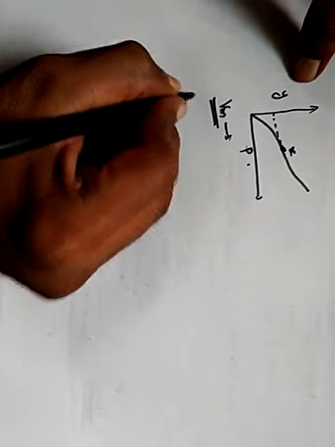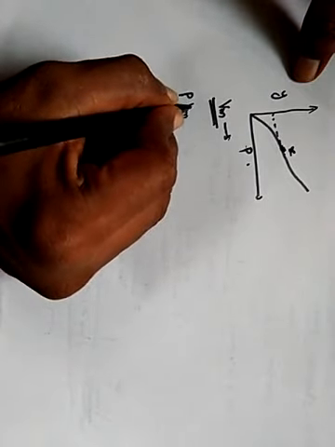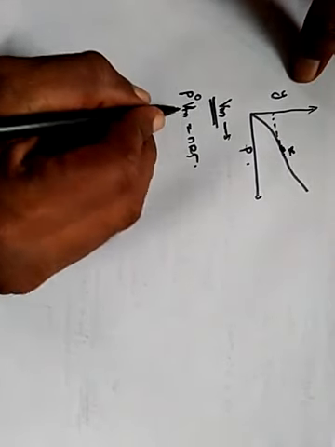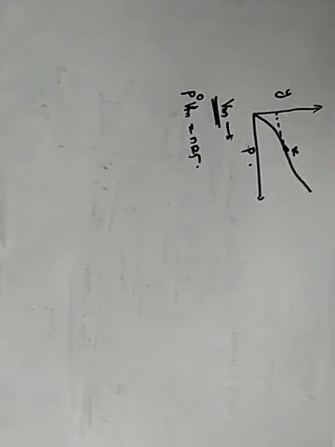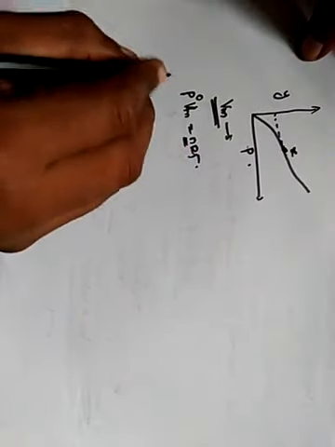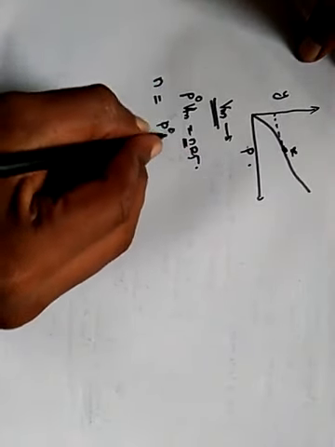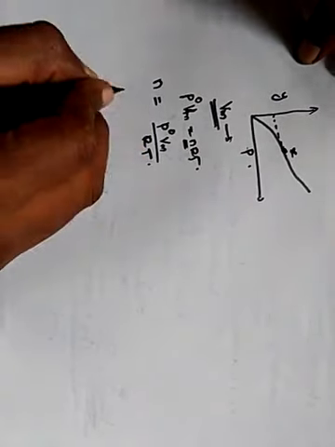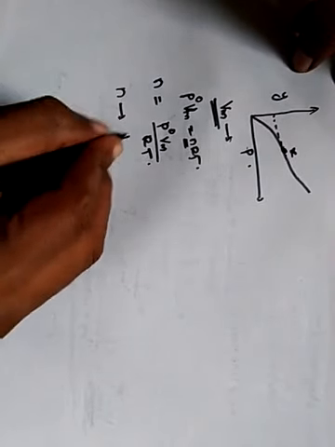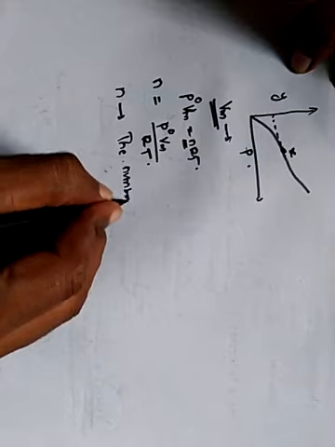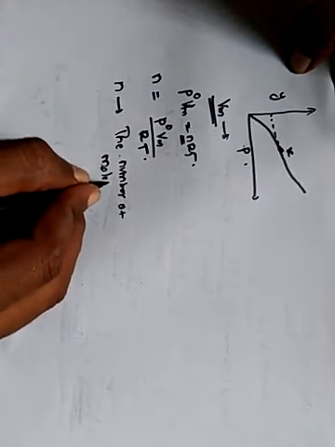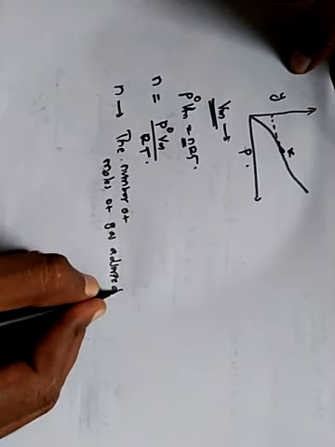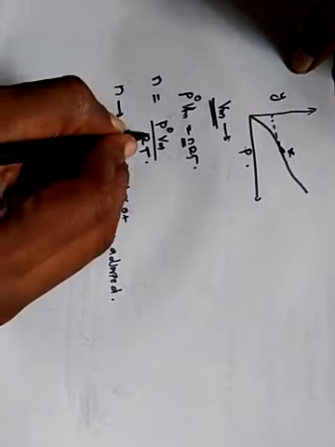Let me use the ideal gas equation, PV equals nRT. From here, I can find out n equals P naught Vm by RT, where n is the number of moles of gas adsorbed at this temperature.